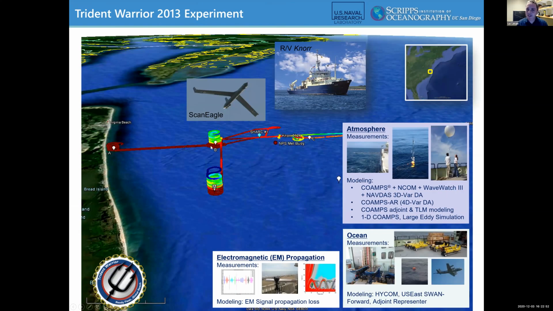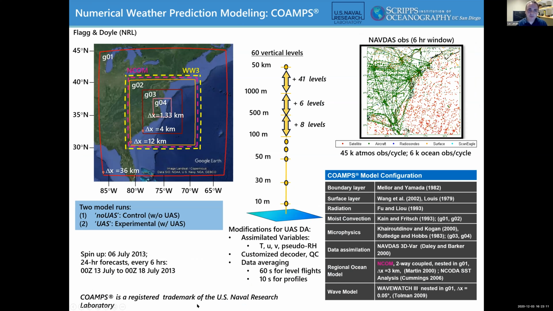So this is kind of like the idea. You have a ship. We fly. Right away, we can collect some data. We can combine this with ocean measurements. In that case, there was also electromagnetic propagation and all this going on. And working with Jim Doyle, NRL, who was running a COAMPS model with and without UAS data.